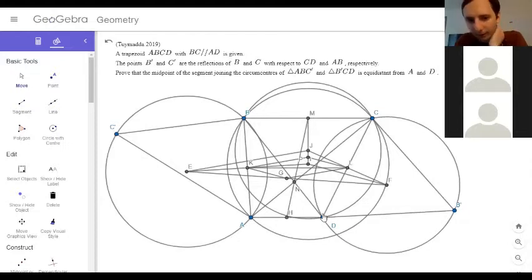It feels true, I agree with that, but G will go to P. I agree with that. And AD will go to a line parallel to BC.